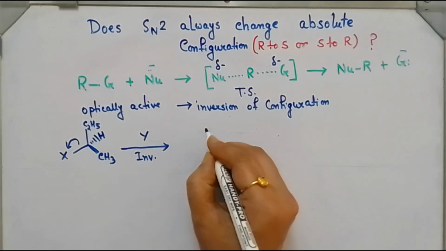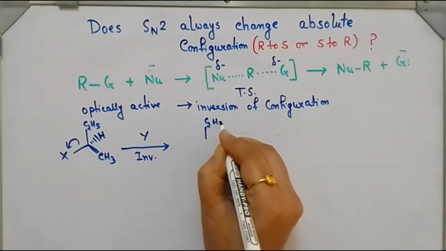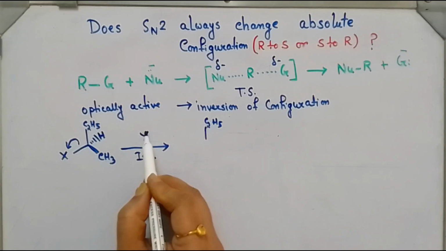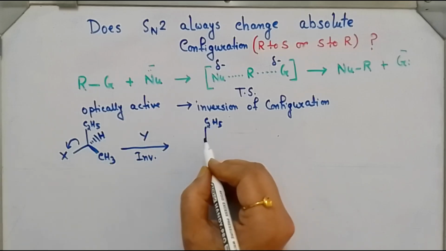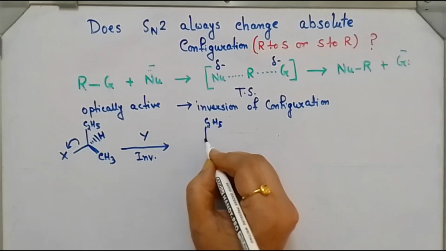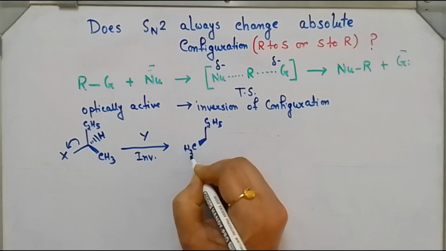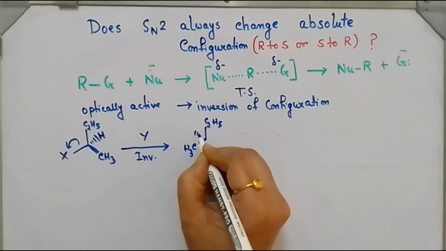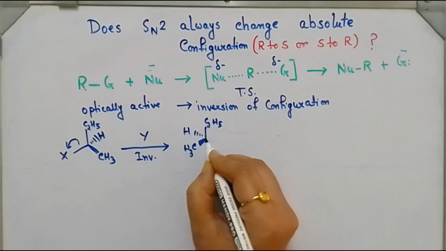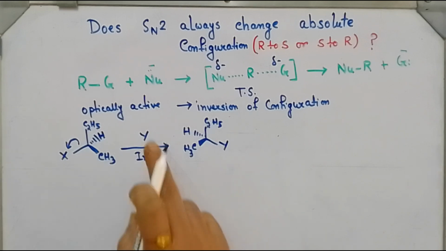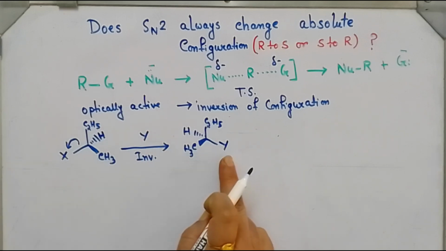Inversion of configuration means here C2H5, with respect to this, the attack takes place from the opposite side. So here what you will get? This CH3 and this hydrogen and here Y. This is your attacking nucleophile.